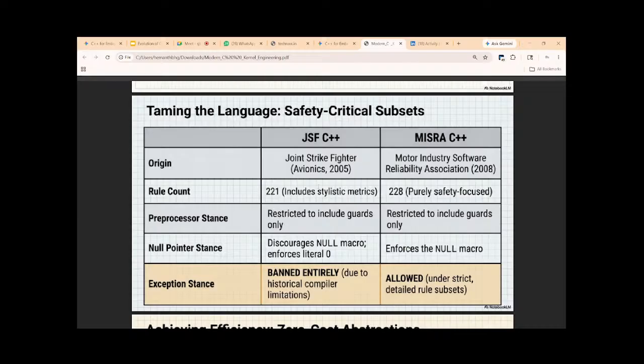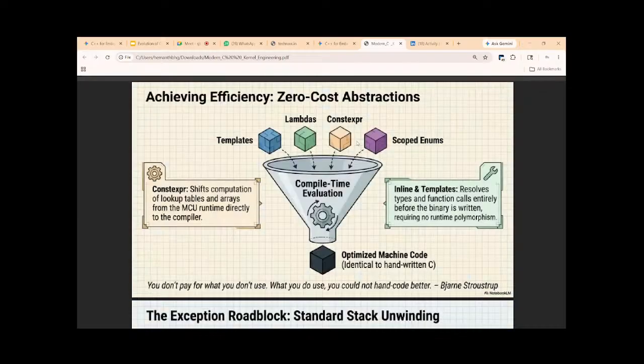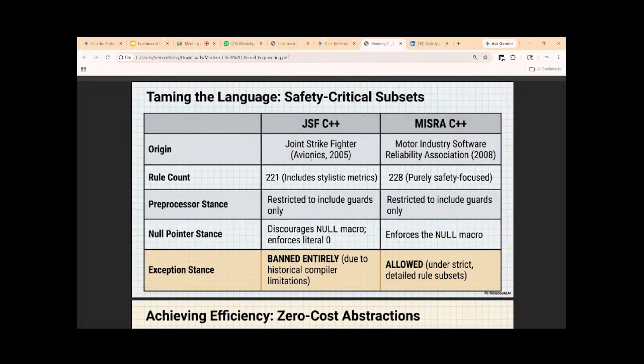Just let me go through this file. Yeah. Okay. I think you people are quite not comfortable with this topic.